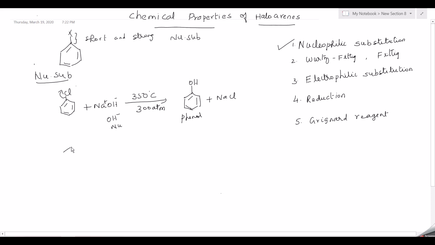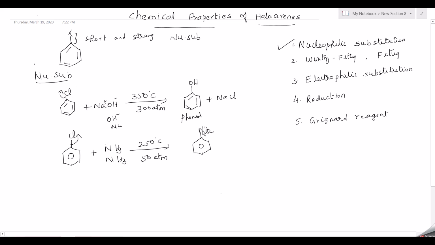One more example you can take. So you take chlorobenzene on treatment with ammonia, so ammonia you take 2 molecules, NH3, NH3. When you use a very high temperature, for example 250 degrees Celsius and 50 atmospheric pressure, ammonia, which has a lone pair of electrons, acts as a nucleophile, and this nucleophile attacks this benzene ring, and there is a removal of this chlorine. So you will be getting the product NH2.